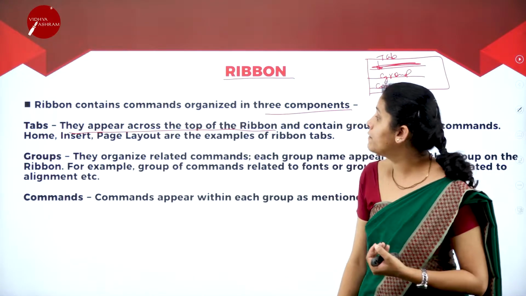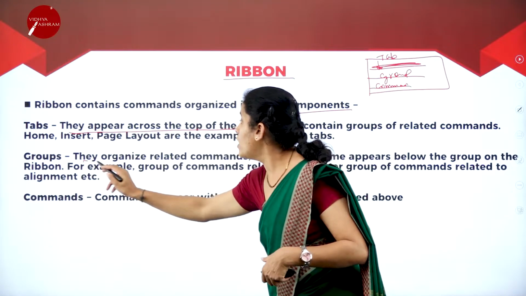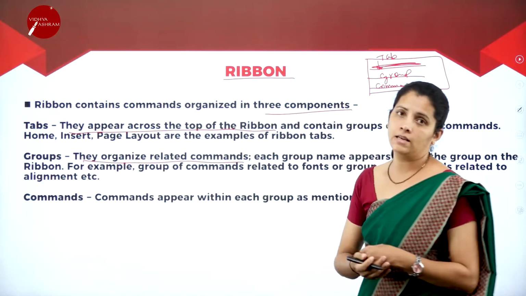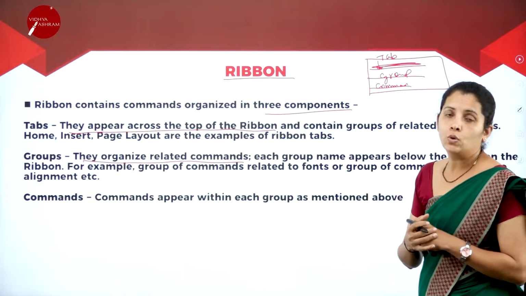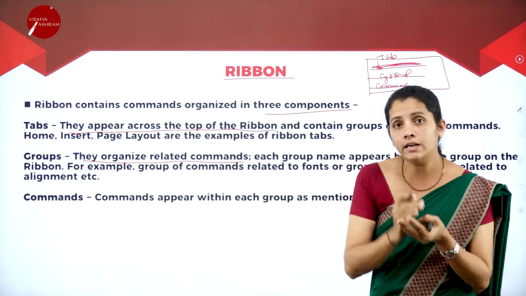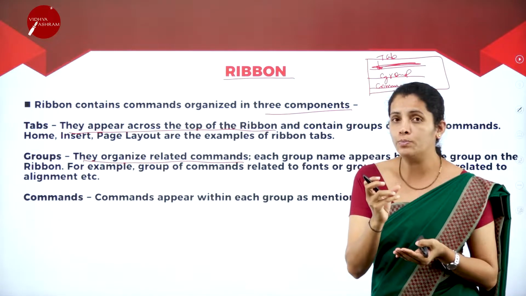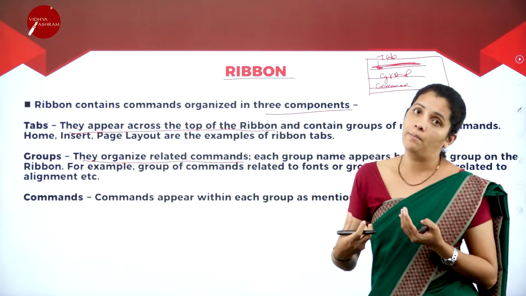Then I'm going to have the groups. So what is a group here? They organize related commands. That means at the beginning I'm going to have the tab, and under the tab I'm going to get the group. So what is a group? Here I'm going to get the related commands.